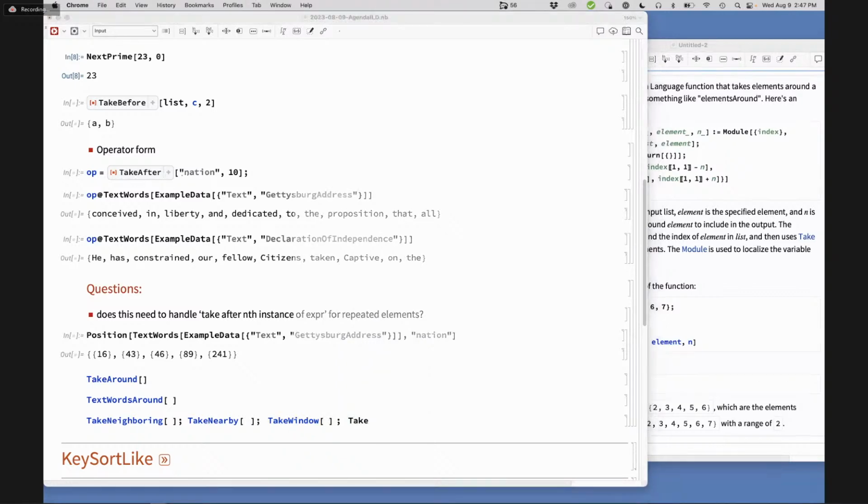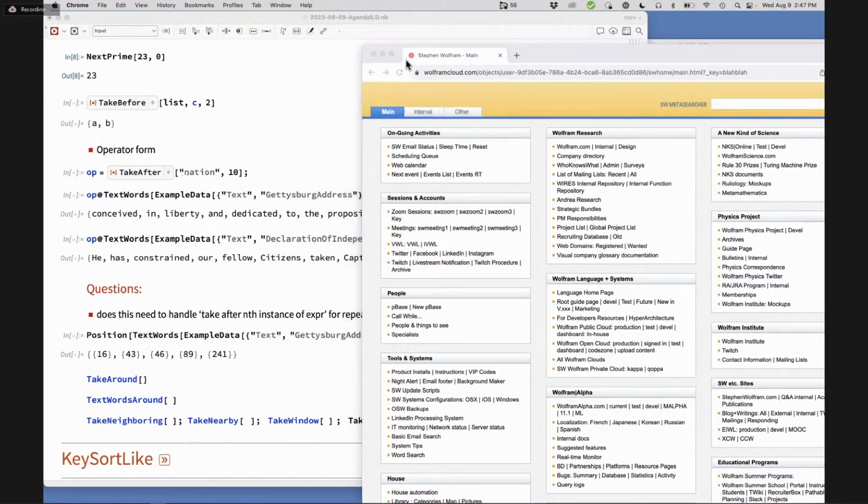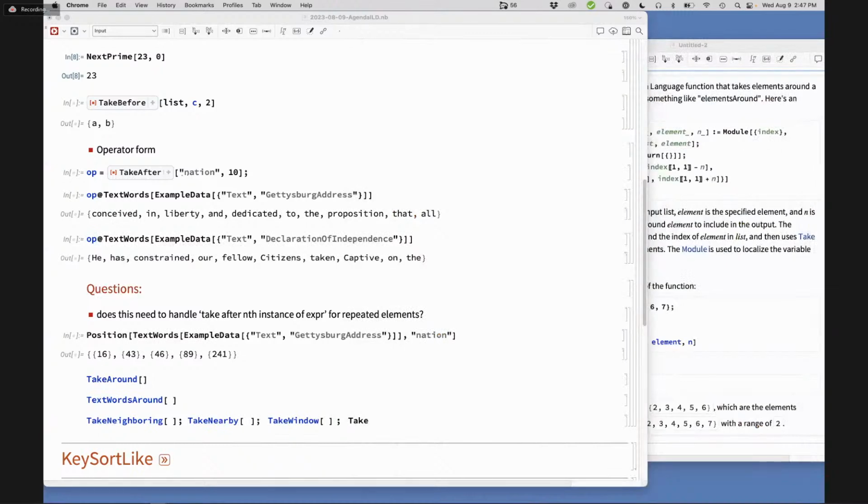Let's see. Well, okay, but let's imagine that we have this thing, whatever it's called. Take margins. Take zone. What about take neighborhood?